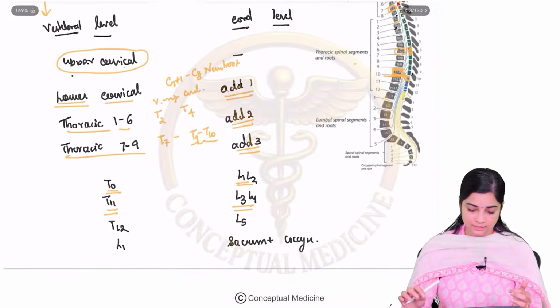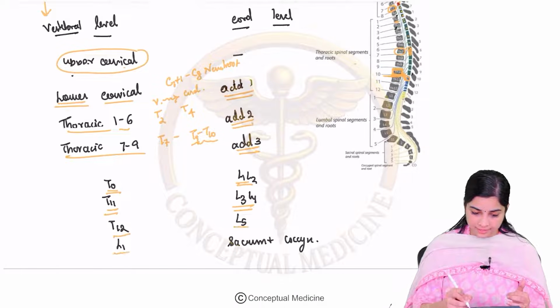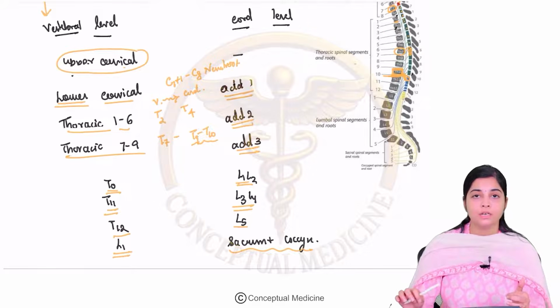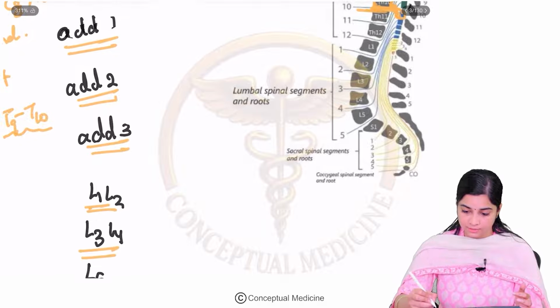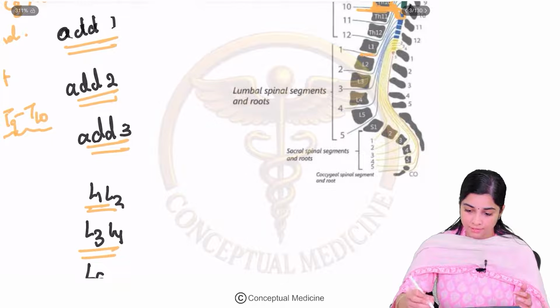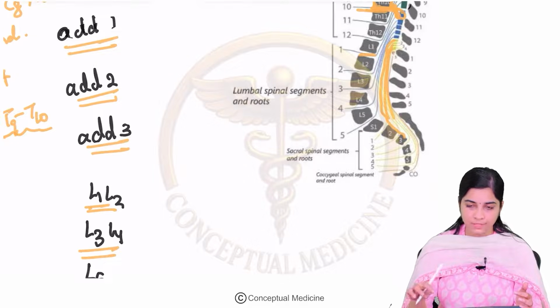So T10 at the level of L1, T11 L3, L4, T12 is L5, and L1 vertebral level corresponds to your sacral and coccygeal levels. So can you see that at L1 you already have your sacral and coccygeal level nerve roots which are coming out. Okay, fine.